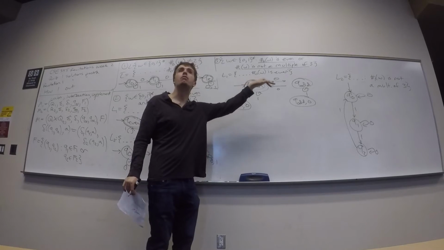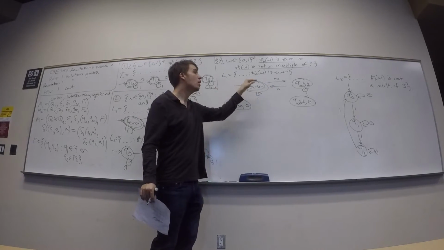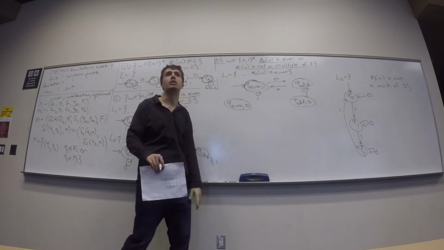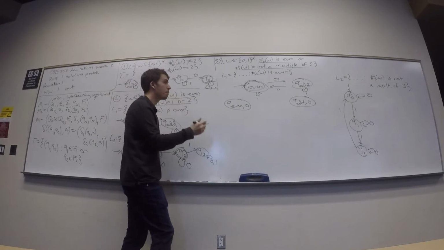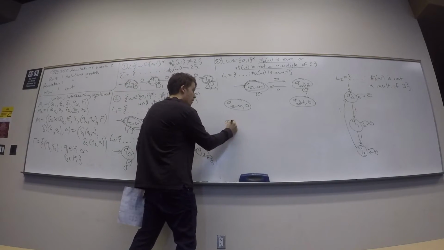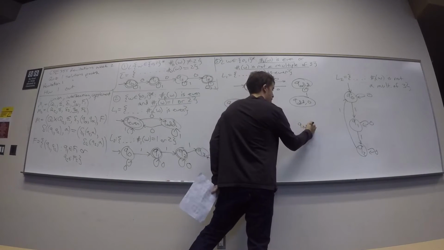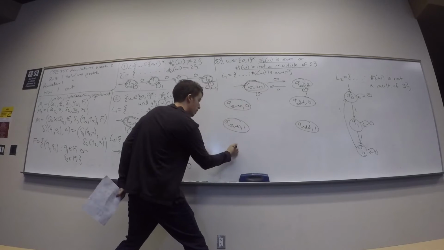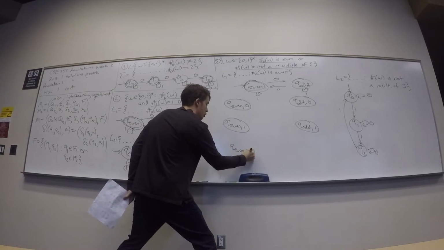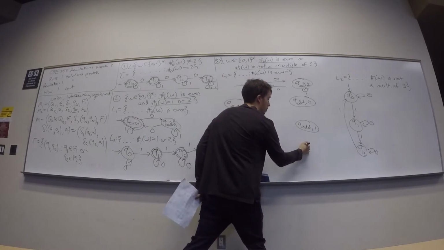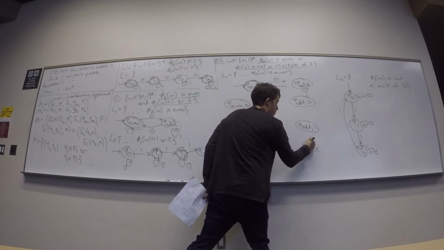So we can figure out which states are final and what the transitions are much more easily this way. So I have Q even 1, Q odd 1, Q even 2, Q odd 2.